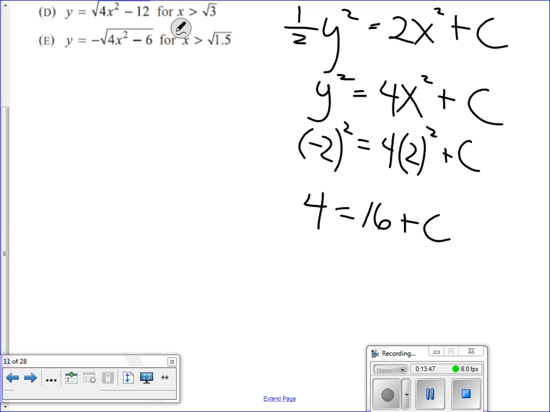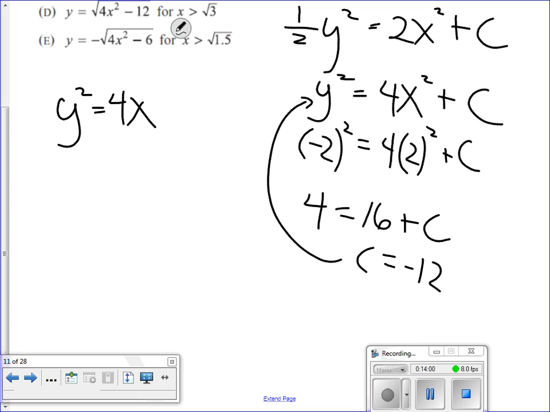So what does c equal? C equals -12. You go back to the step right before you plugged in the number, and you plug that in. So right now we know y squared equals 4x squared minus 12.